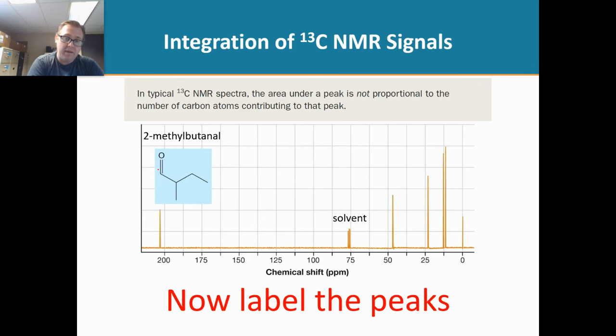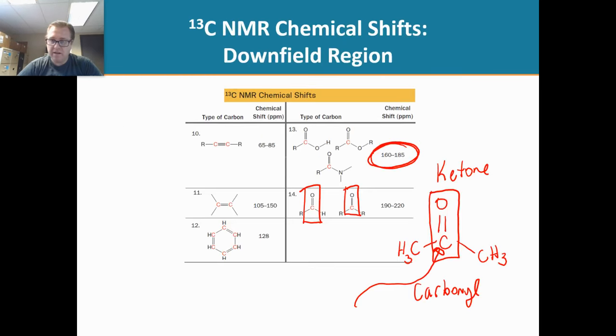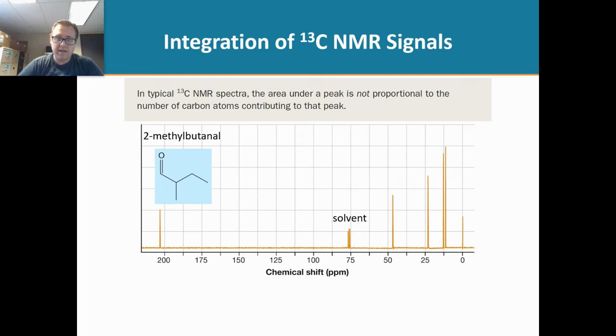So I can see that we have a carbonyl carbon, a methine, a methylene, and two methyl carbons. That's what I've noticed. And so we can go back to the table and identify them one at a time. So if we call the carbonyl carbon A, I'm going to go back to the table if I've forgotten and say, hey, that was an aldehyde, right? Let's double check.